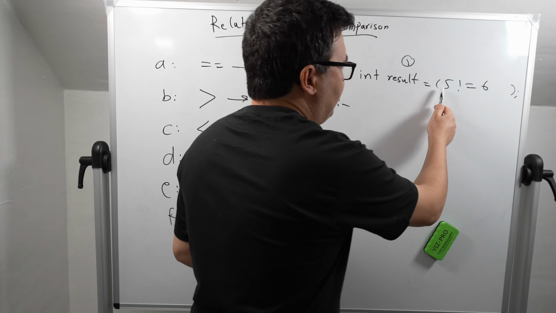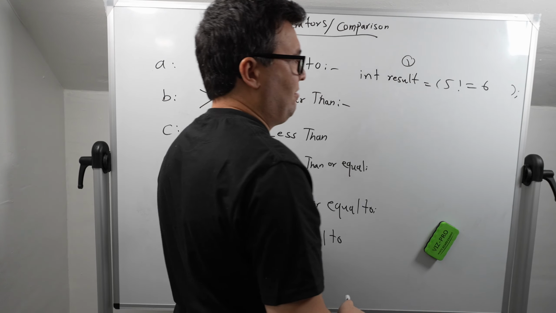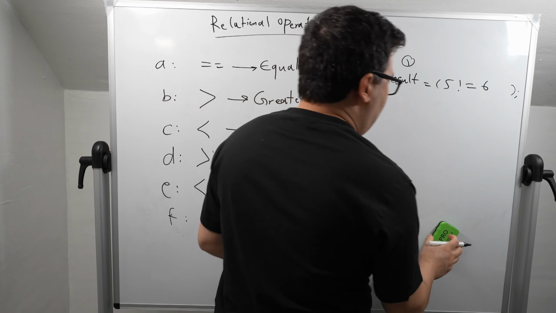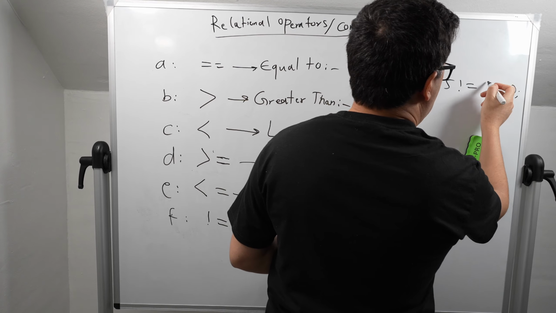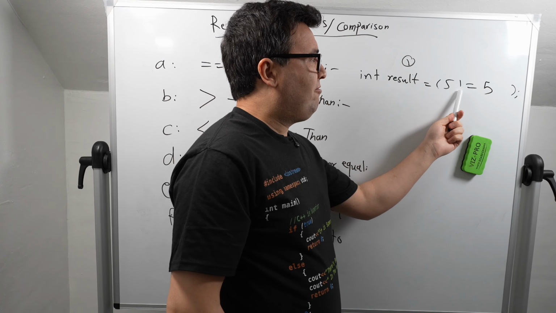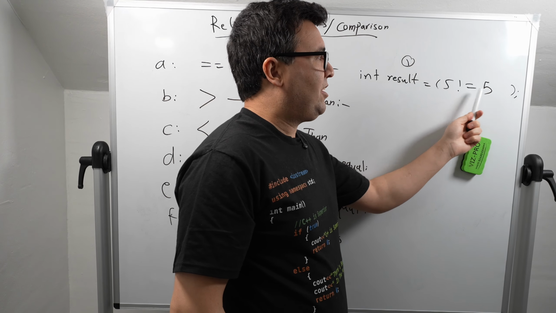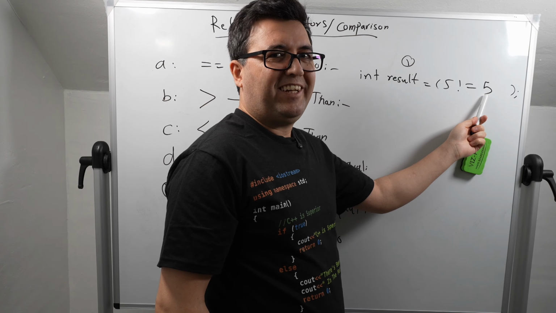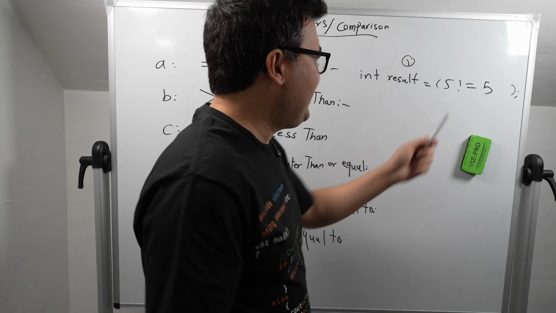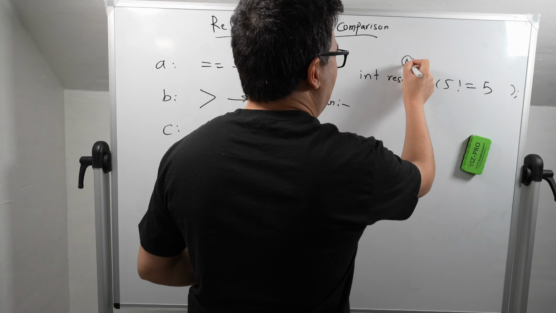So in this case, the first value is not equal to the second value, so the result will be 1 or true. But if the second value is 5 instead of 6, it says 5 is not equal to 5. No, 5 is equal to 5. So in this case the result is false or 0.